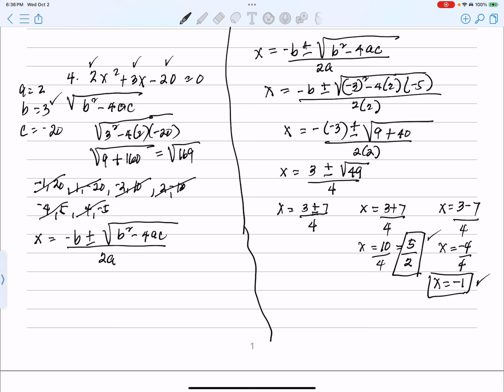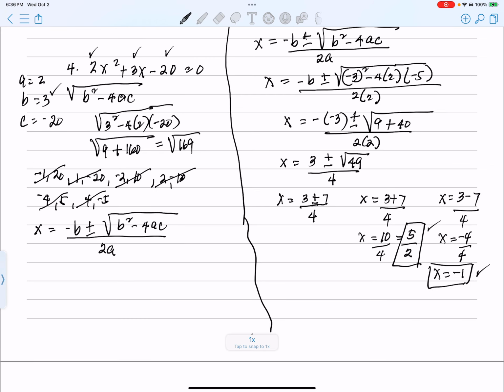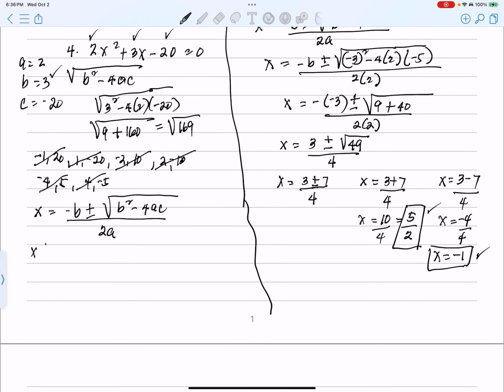All right. So we substitute. b is 3, so negative 3 plus and minus 3 squared minus 4, a is 2, c is negative 20, over 2 times a. Oh, it's not an x squared, sorry.